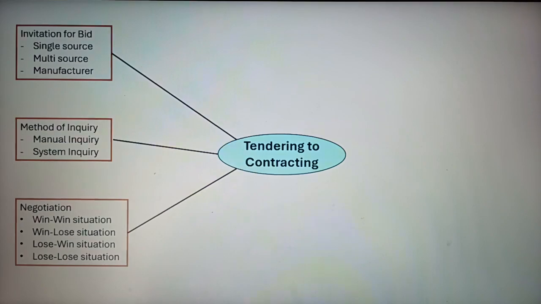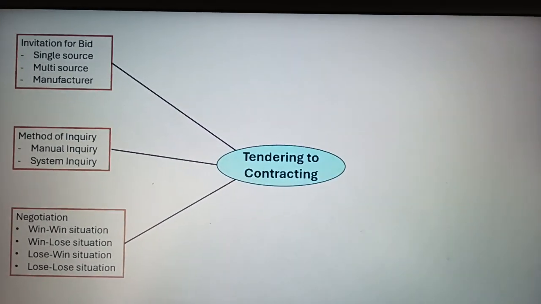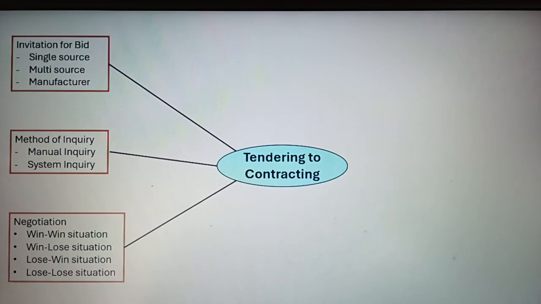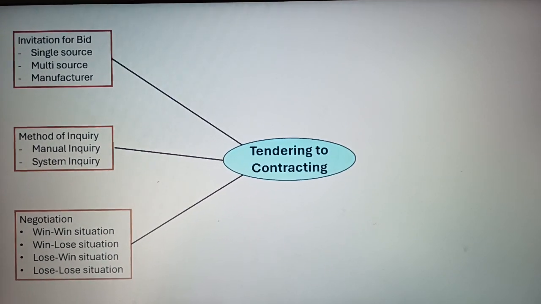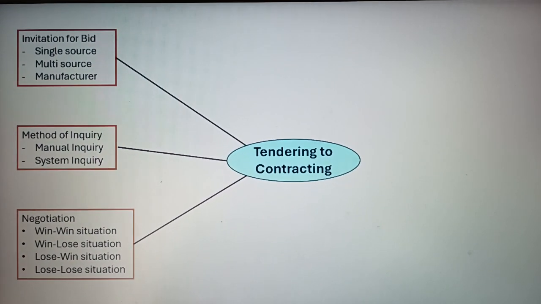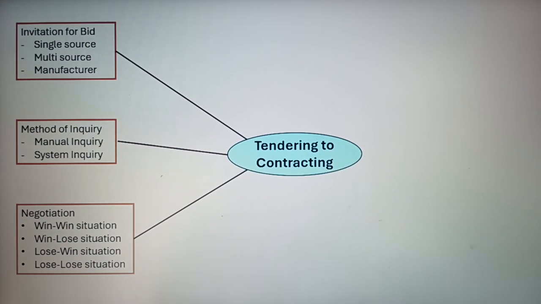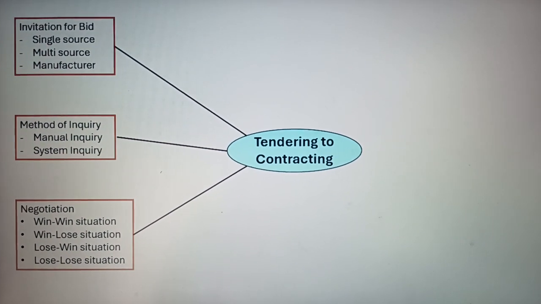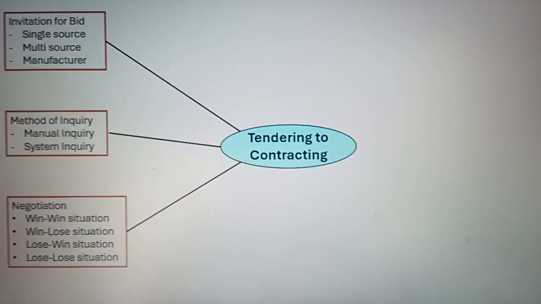Lose-win situation. What is the lose-win situation? Suppose the buyer loses and the contractor wins. If a product has a basic principal price of 100 rupees and the contractor sells it to the buyer for 200 rupees, and the buyer agrees to give the 200 rupees, it is a completely losing side for the buyer and a completely winning side for the contractor.